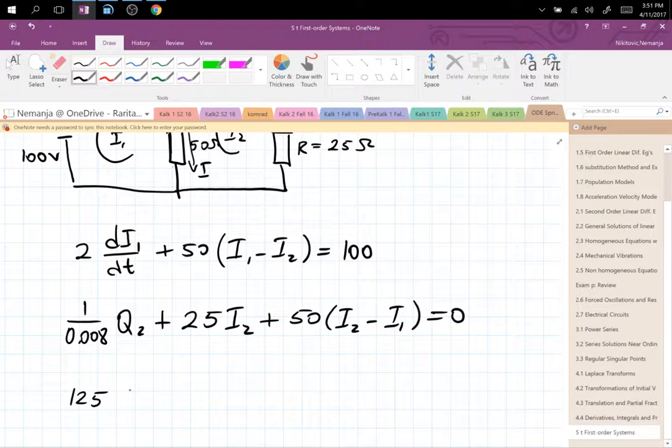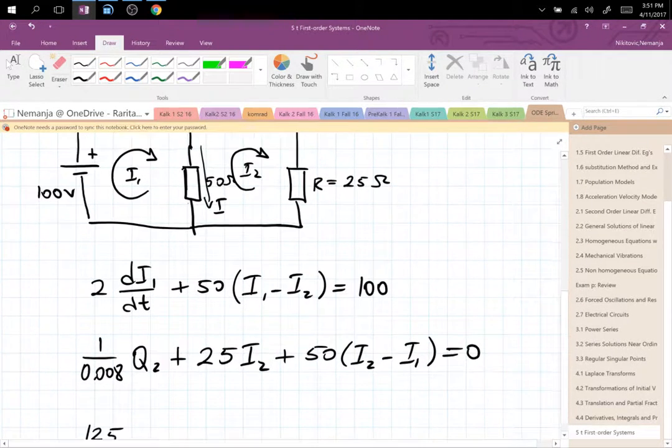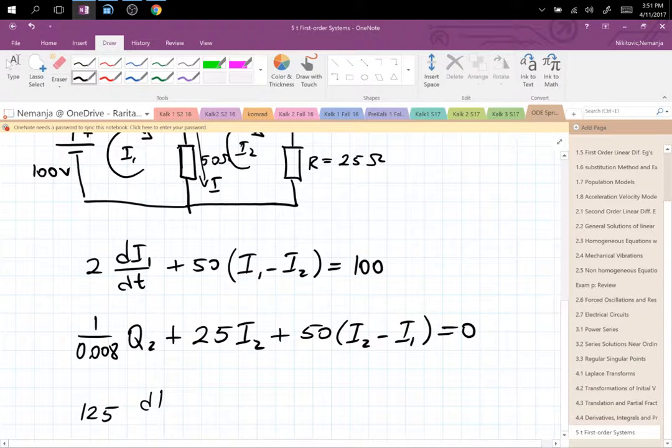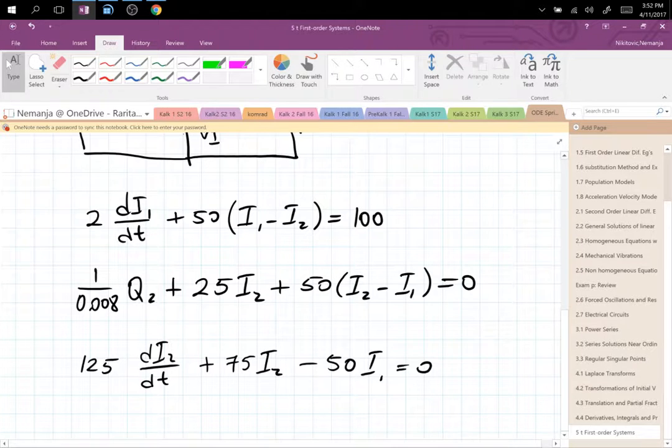So that's di2 dt, plus 75 I2 minus 50 equals 0. This is equation 1, this is equation 2.